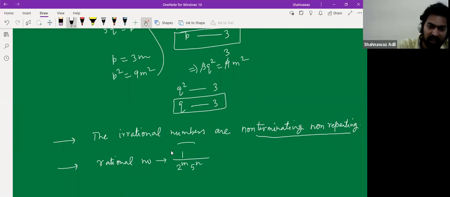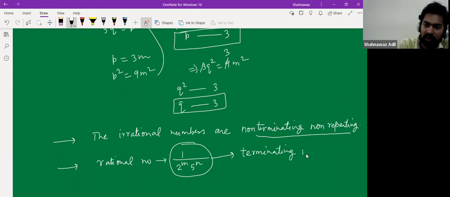So we can say that whenever you have a 2^m 5^n combination, this will be a terminating number, right? Understood? Yes, sir.